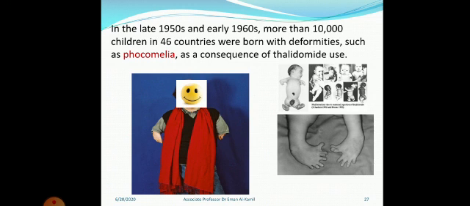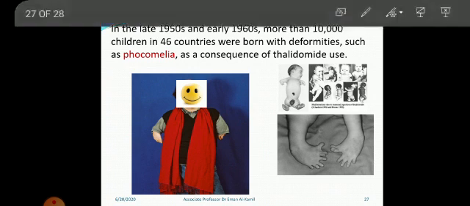As you see in these photos, there is a lack of hands and or legs among individuals born to mothers who had consumed thalidomide during that period of time. So only at that period of time. So this is called time clustering. And thank you.